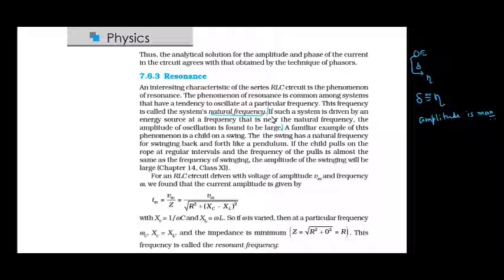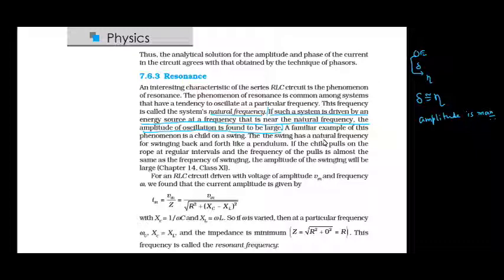Again, let us read it. If such a system is driven by an energy source at a frequency that is near the natural frequency, the amplitude of oscillation is found to be large. A familiar example of this phenomenon is a child on a swing.